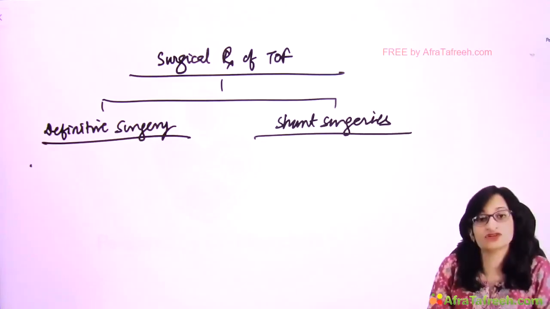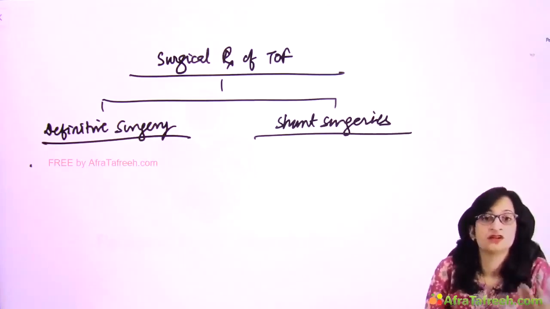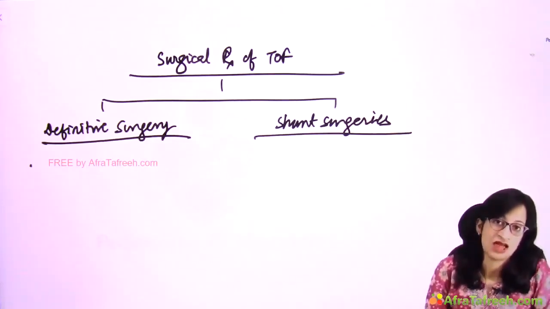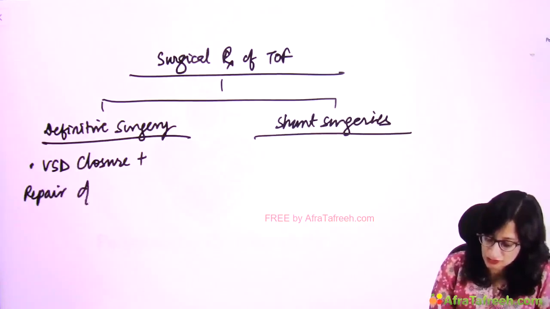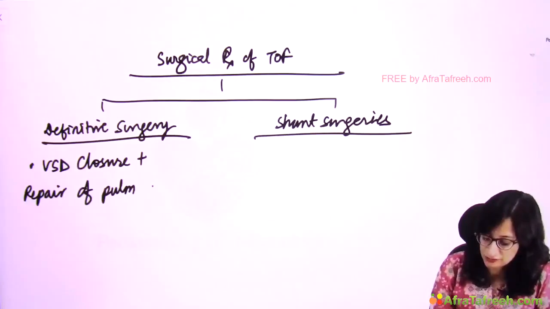The definitive surgery is basically the repair of the ventricular septal defect and the infundibular stenosis. Okay, so VSD closure plus repair of pulmonary stenosis. That is what is mainly done.